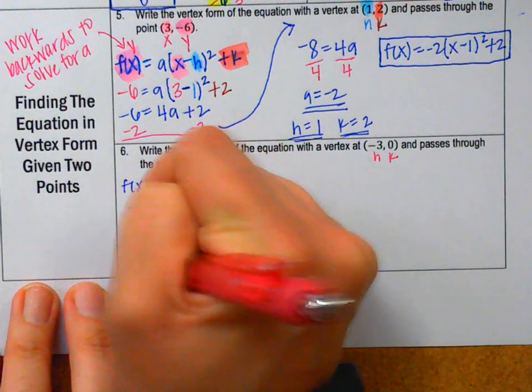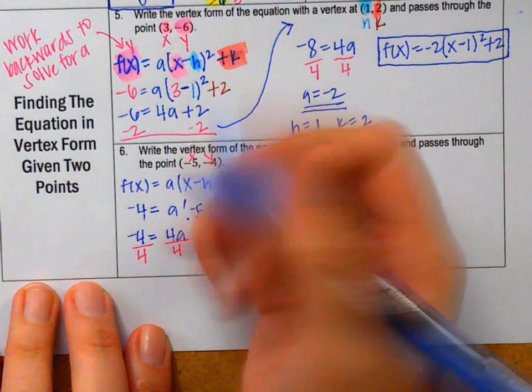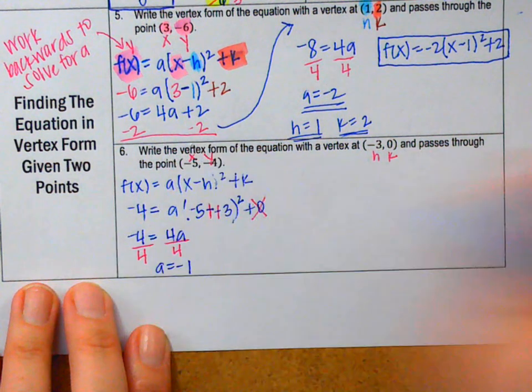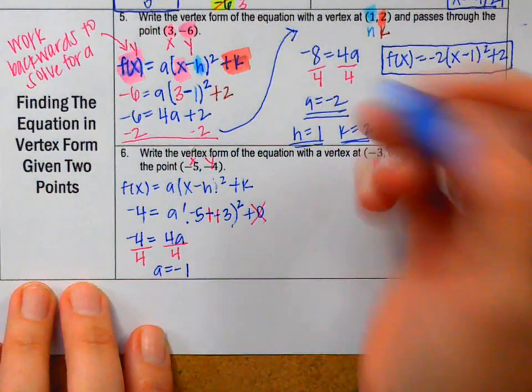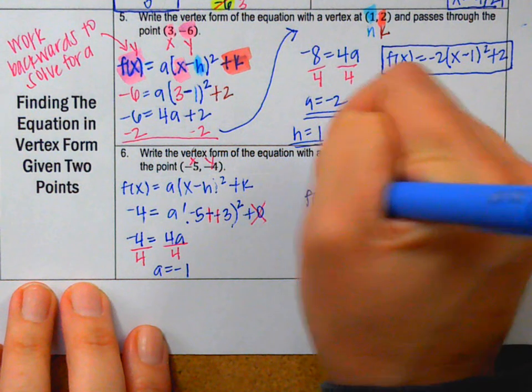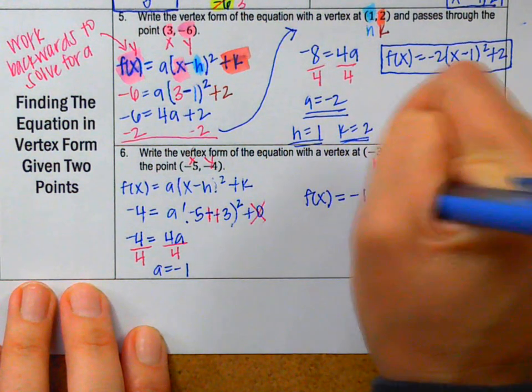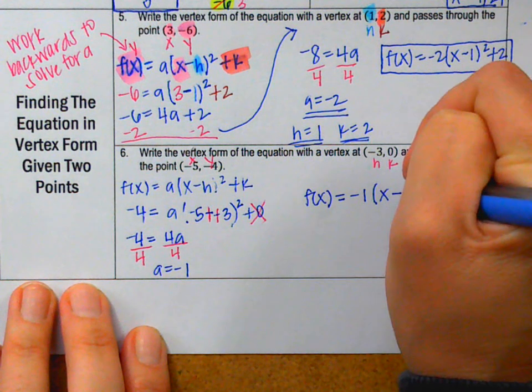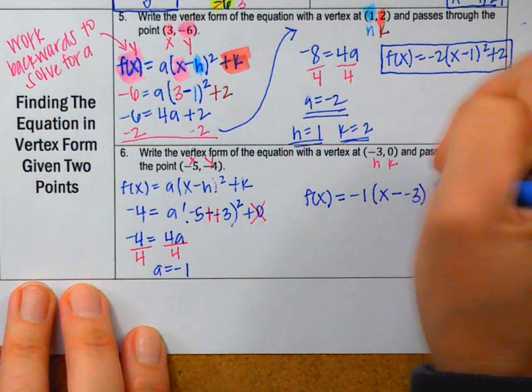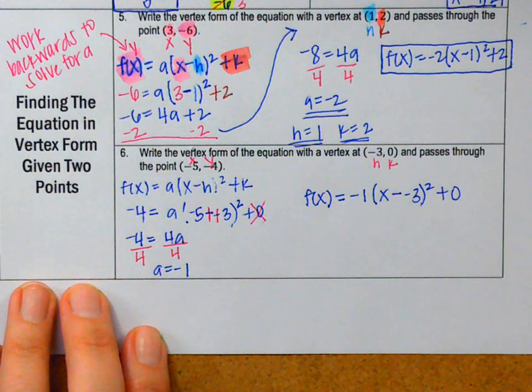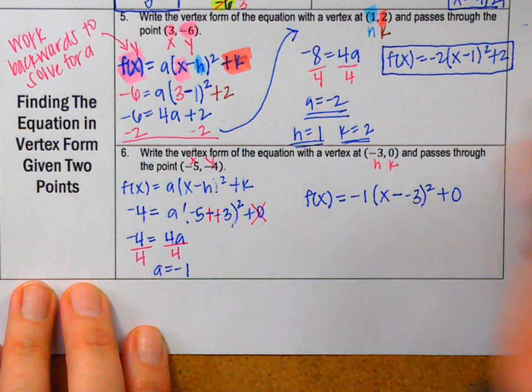Divide both sides by 4 to get a by itself, and I get a equals -1. And now I can write that in vertex form. Now, if you write it like this, that's totally fine. Okay, I got a little ahead of myself. If you write the -1 as the a, that's fine.